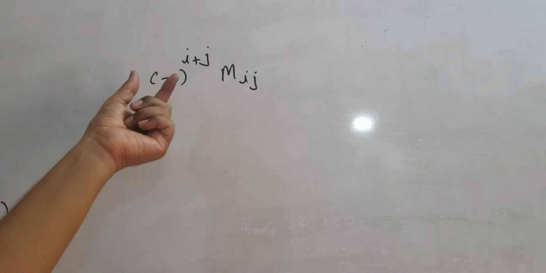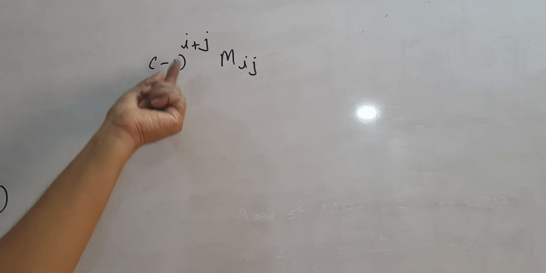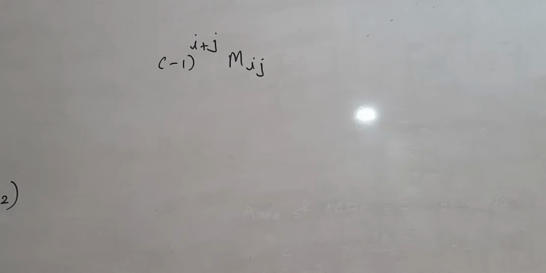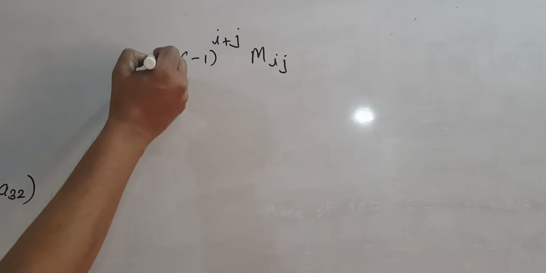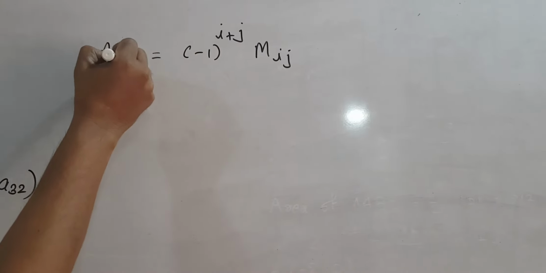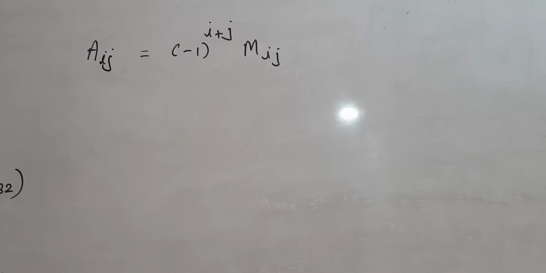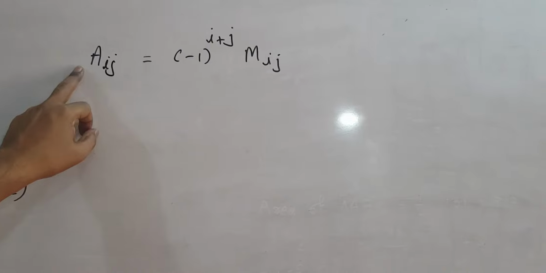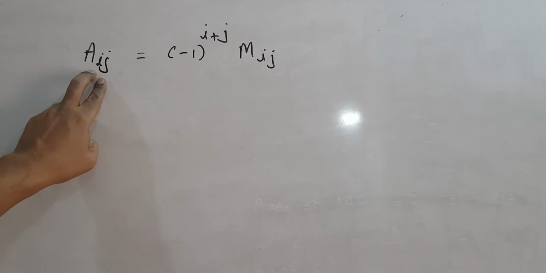The thing is, when we multiply minus 1 raised to i plus j with this Mij, it becomes the cofactor of that element. And the cofactor of that element we represent as capital Aij. Capital Aij is the cofactor of the ith row, jth column.